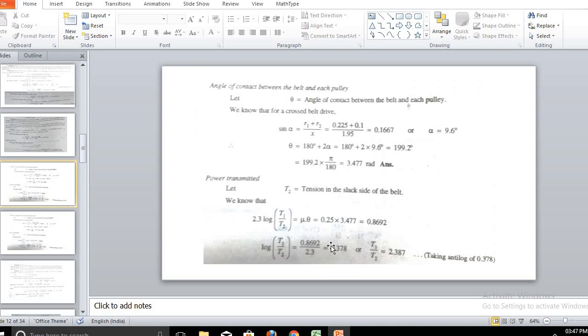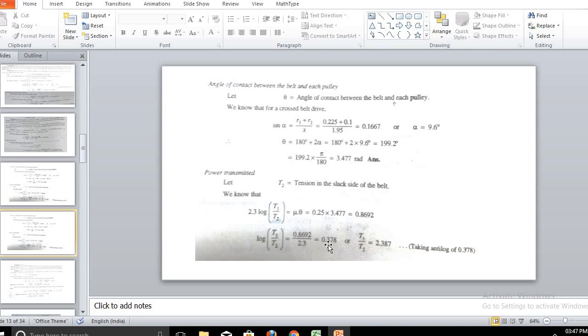That power value is not shown in this PPT, but the power value comes as 2.74 kilowatt. So your task is calculating T2. As soon as you calculate T2, (T1 minus T2) into V, that power is nothing but 2.74 kilowatt.